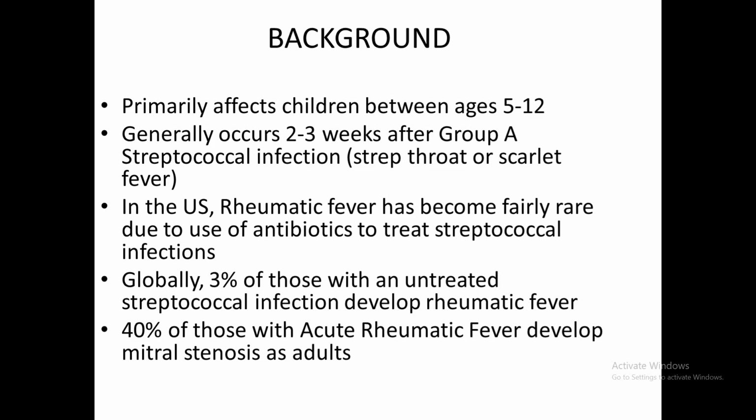Globally, 3% of those with an untreated streptococcal infection develop rheumatic fever. And 40% of those with acute rheumatic fever develop mitral stenosis as adults, at the age of 30 or 40 years. I already said that they are coming at the age of 30 or 40 years with mitral valve disease.